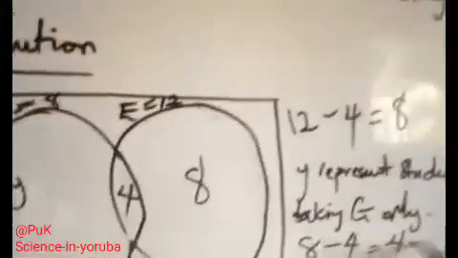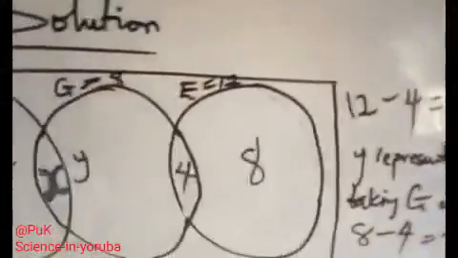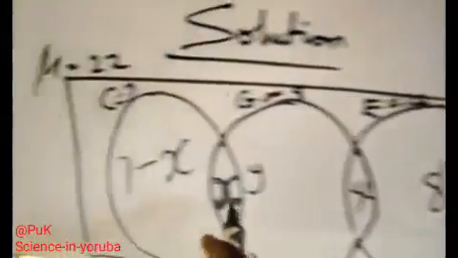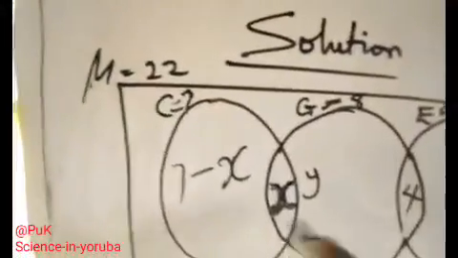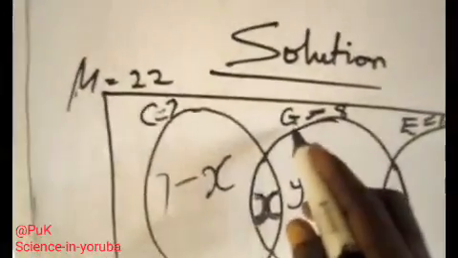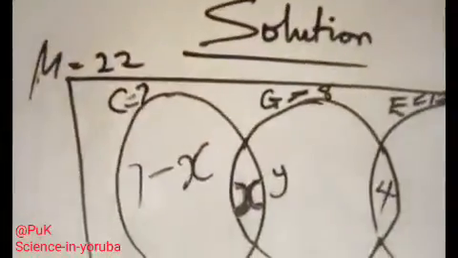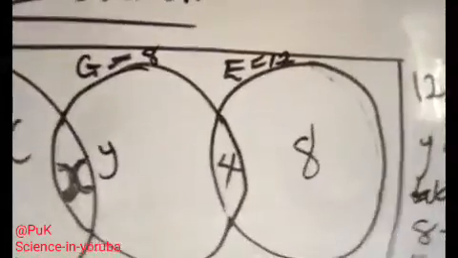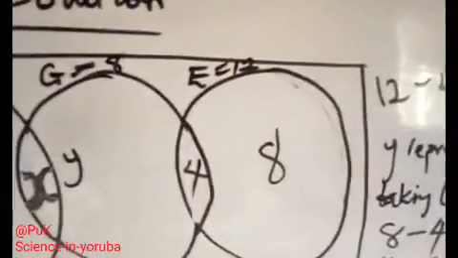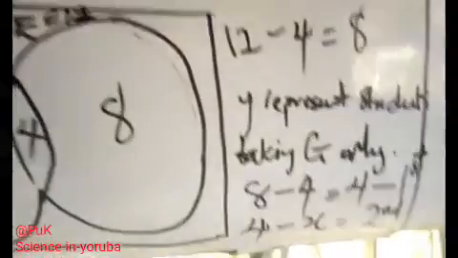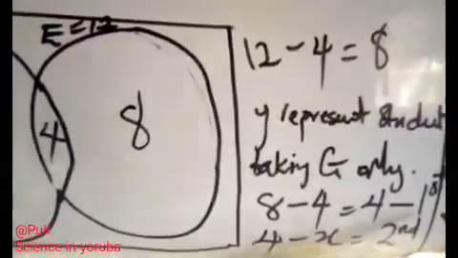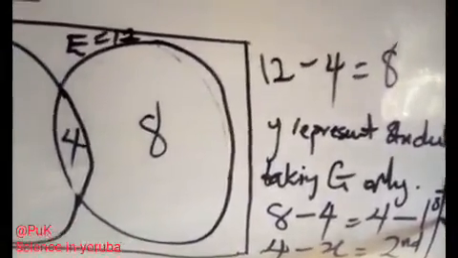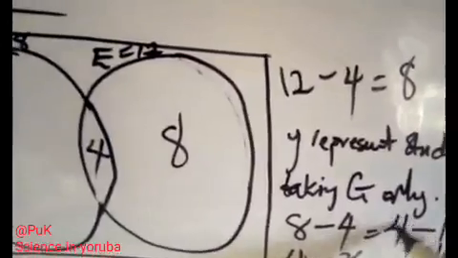This is step 1. There is another category of students that are taking government and chemistry, which is x. So we are left with 4 minus x. The first category of students are taking government and economics, so 4 of them.